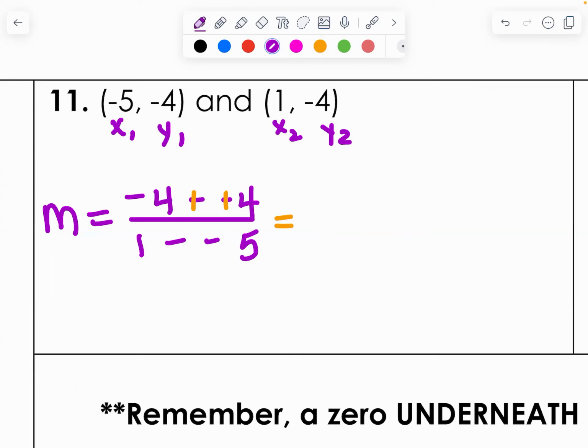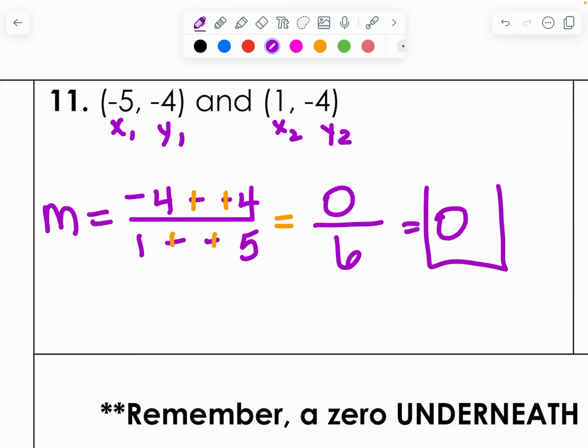It would be 0. So we have 0 over 6. How many groups can we, well, okay, we have 0 apples divided amongst 6 people. How many apples does everybody get? 0. Okay. So what does that mean?